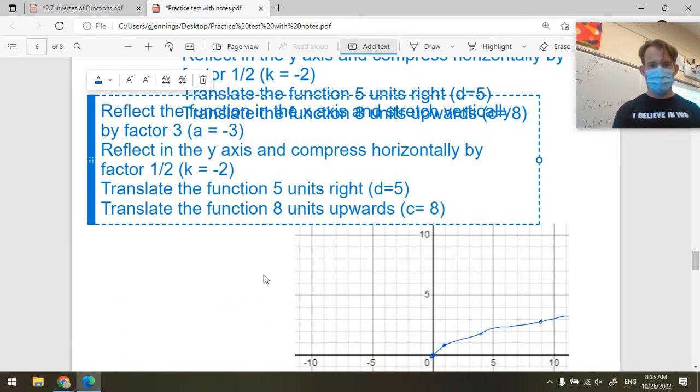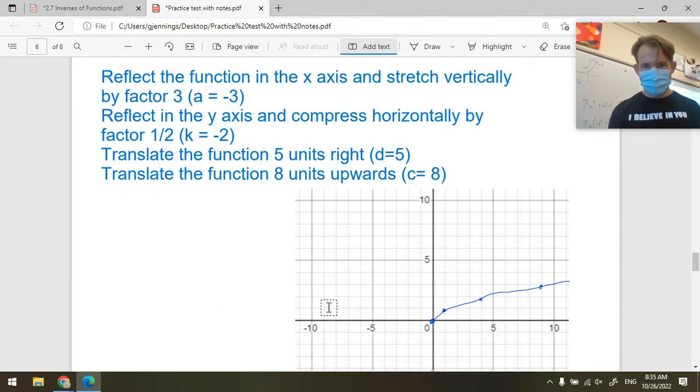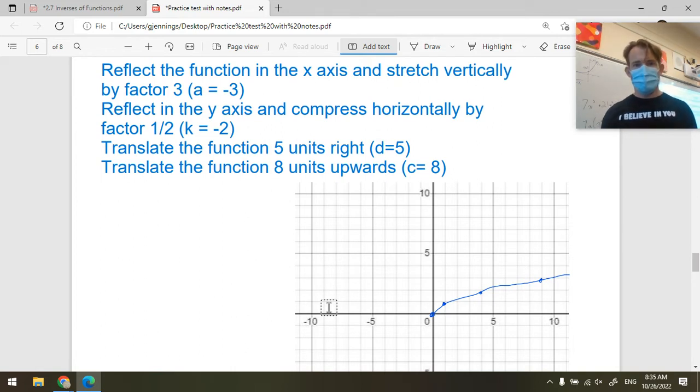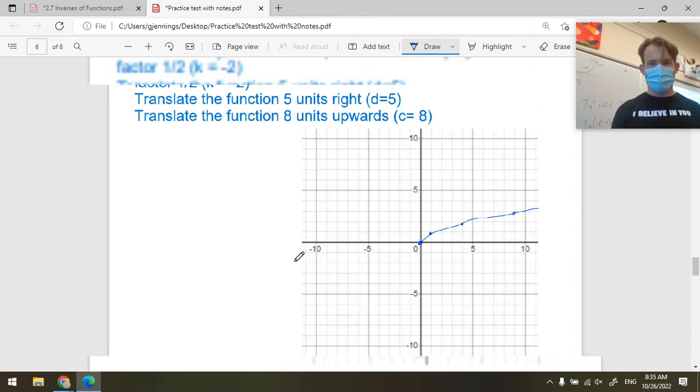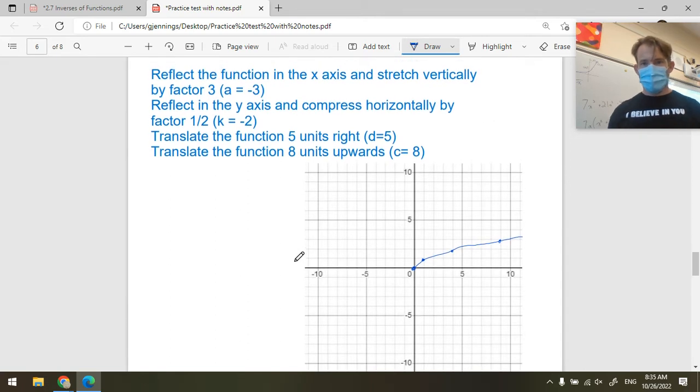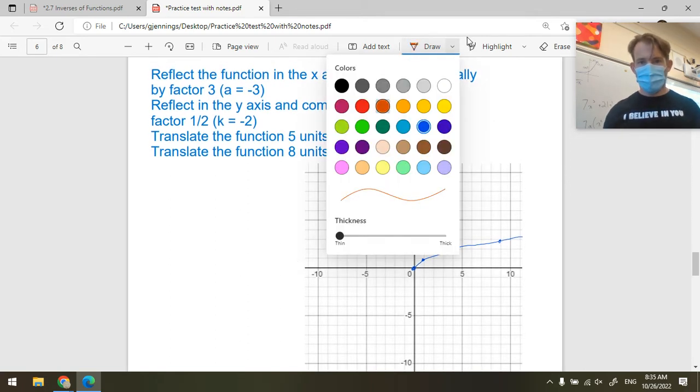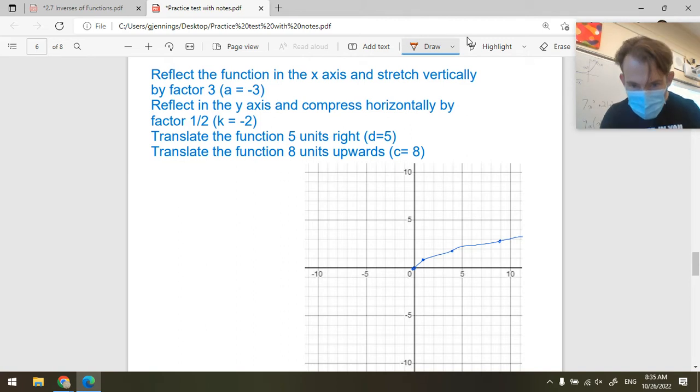Oh, there we go. Okay. So now if we reflect it in the x-axis and stretch it vertically, we'll do this one in orange. So we're going to reflect it vertically in the x-axis and stretch it by factor 3. So that's going to go to 6.